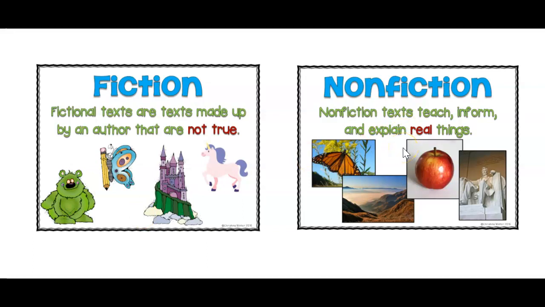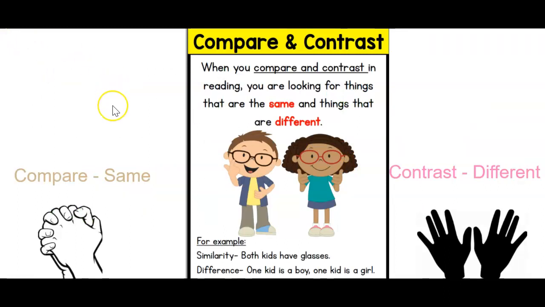They're not fake, and they teach or give information or explain real things. We also learned that we can compare and contrast while we're reading. Compare means to show how things are the same, and contrast means to show how things are different.